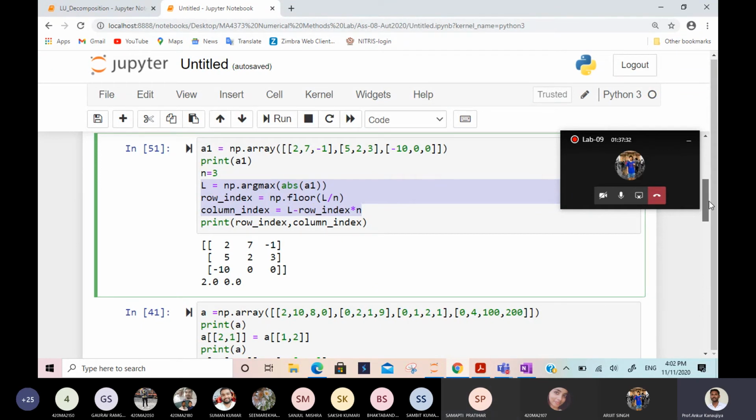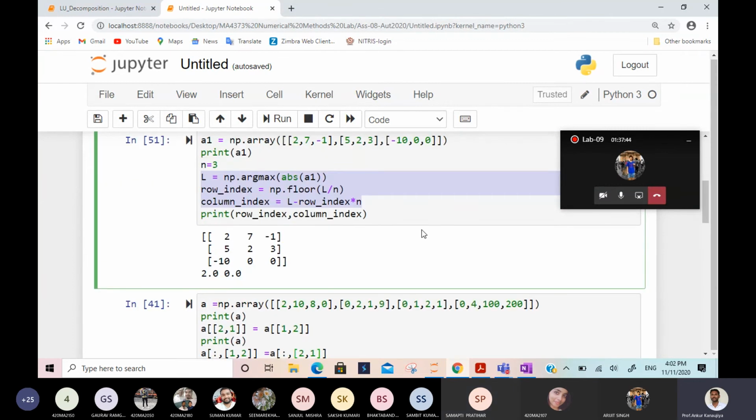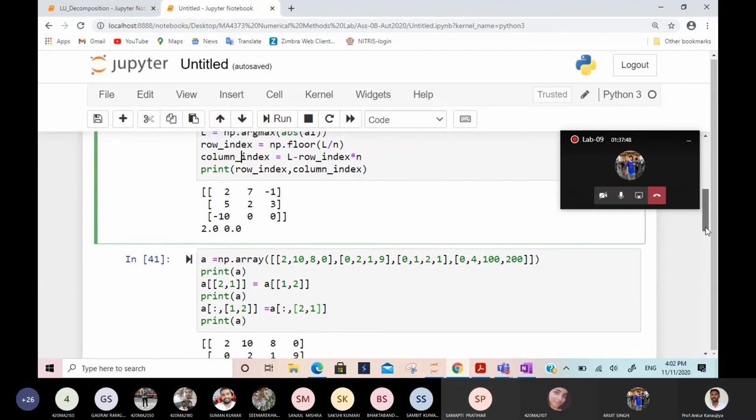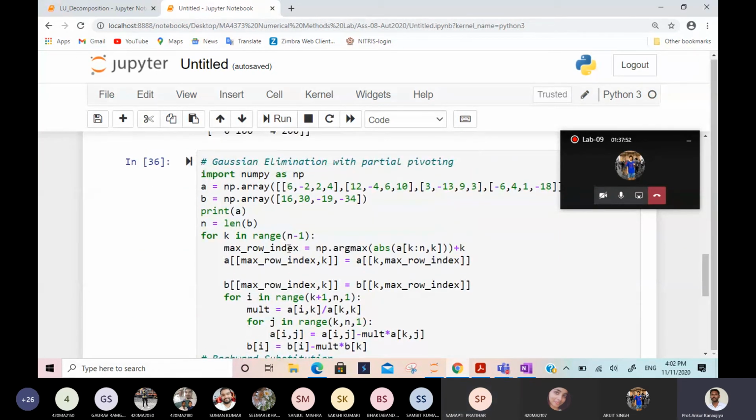So now you know how to interchange the row or the column. The remaining code is the same: first find the maximum, then interchange the column index and row index. In this code, if you do complete pivoting, first find the maximum entry, and then no k is required.